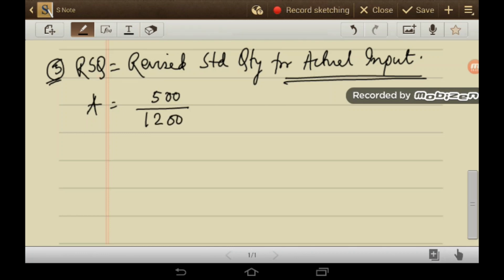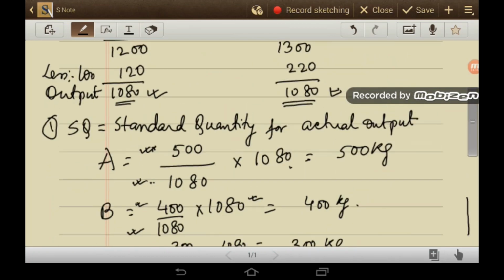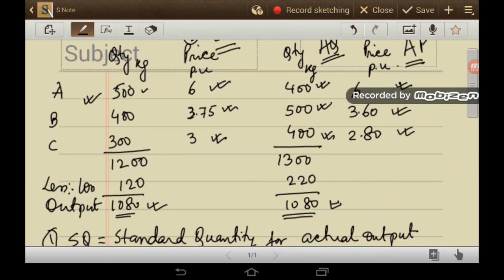So there is a material mix of A, B and C. If you see the standard input, 500 divided by 1200, 500 kg is the standard input of A. 1200 is the total standard input. And what is the actual input? Actual input is 1300.